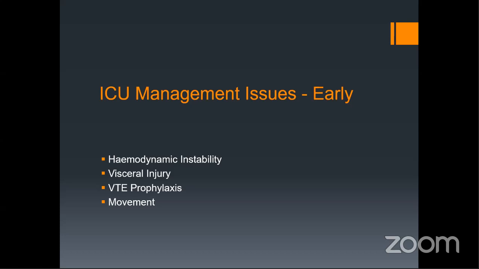And early movement, again, is key. So the pelvic ring injury should not really stop you allowing them to get moving, rolling, and whatever else they need for managing that patient.